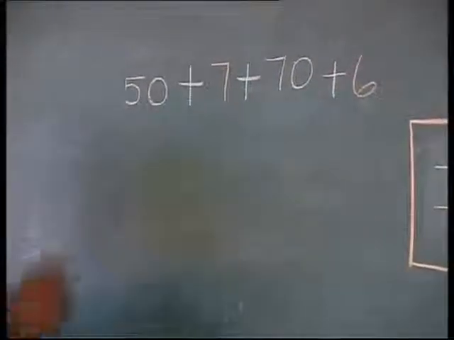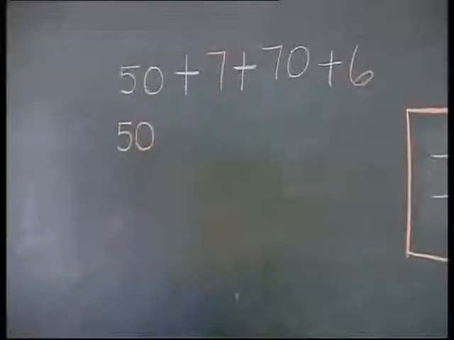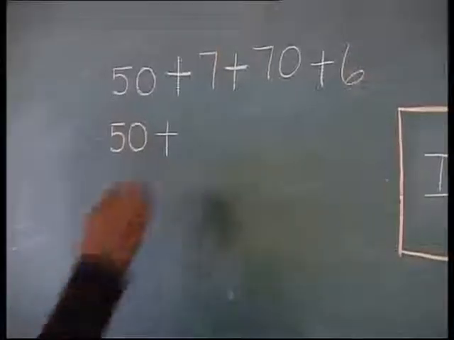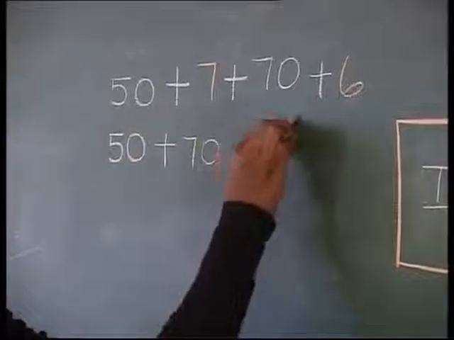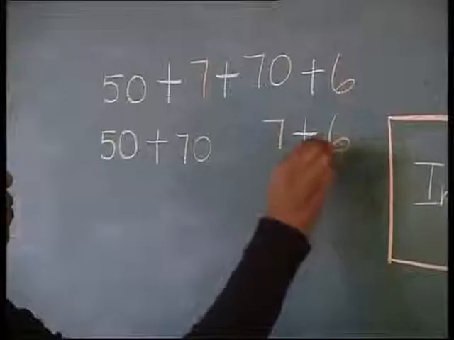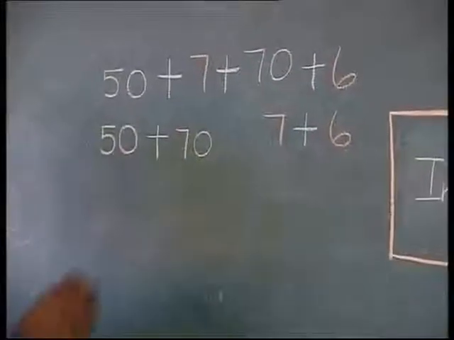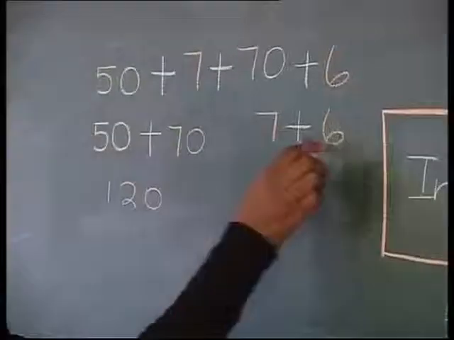And what did you do next? You added the tens together. So what are we writing? 50 plus 70. And on this side? 7 plus 6. And what is 50 plus 70? 120. And what is 7 plus 6? 13.